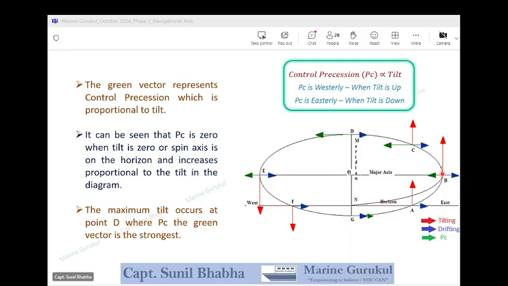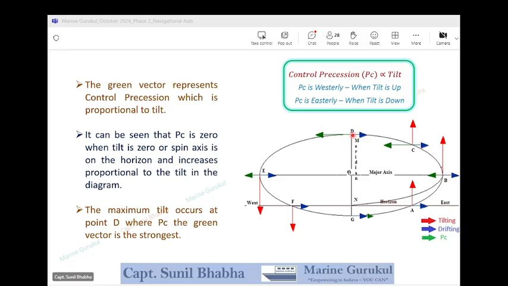From point B, we move up to point C. Now at point C, the tilt has increased further. As the tilt has increased, you can see the magnitude of the control precession has also increased. The green vector has become bigger. Direction is still westwards because at any point above the horizon with an upward or positive tilt, the direction of control precession will always be westerly. We move further along the ellipse and reach point Delta.